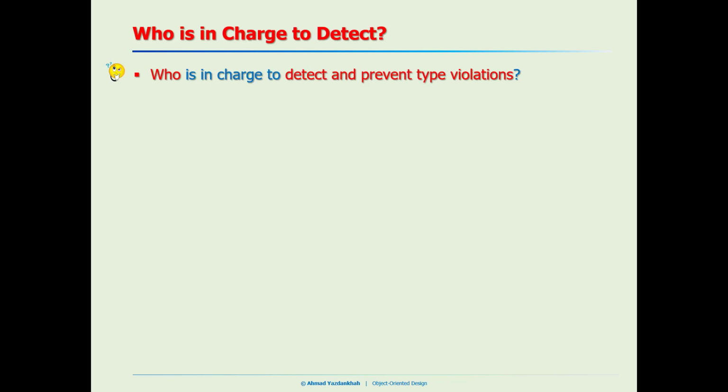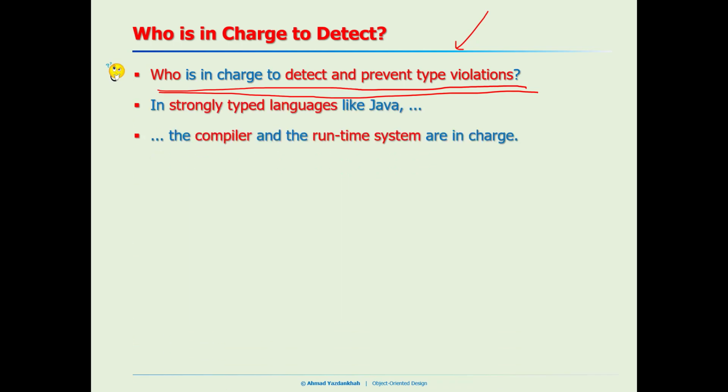The detailed answer to this question should be started in the programming languages paradigm course. But here, briefly, we answer this. Who is in charge to detect and prevent type violations? In Java, which is a strongly typed language, the compiler won't let you go further.